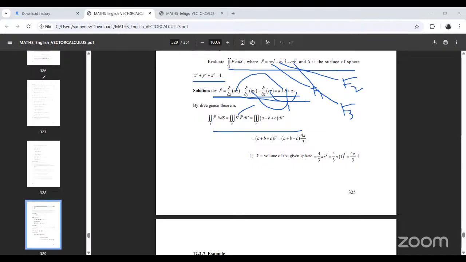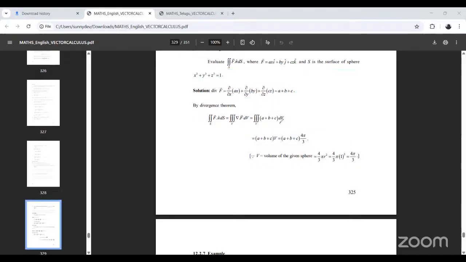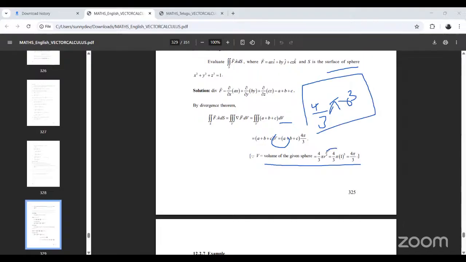Now we have to substitute. The triple integration of dV is V. Given it is a sphere, the volume of the sphere is 4 by 3 pi r cube. With r equal to 1, that becomes 4 by 3 pi.